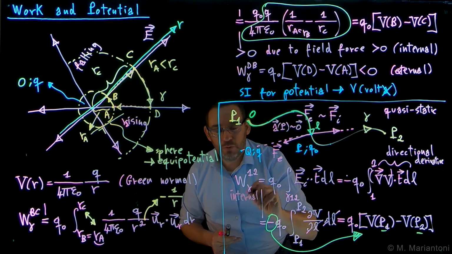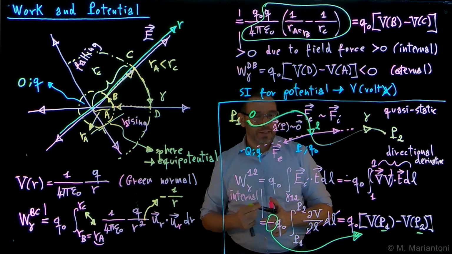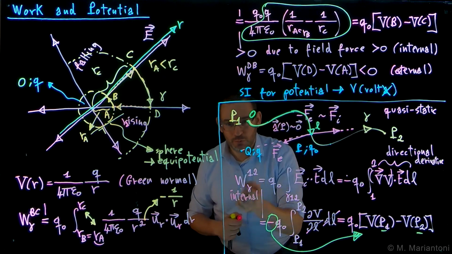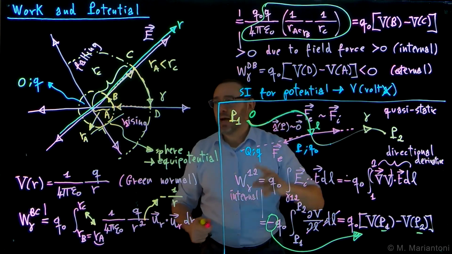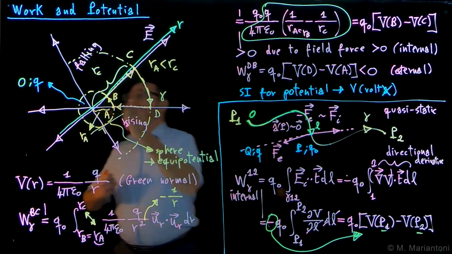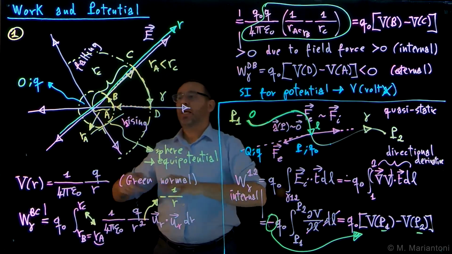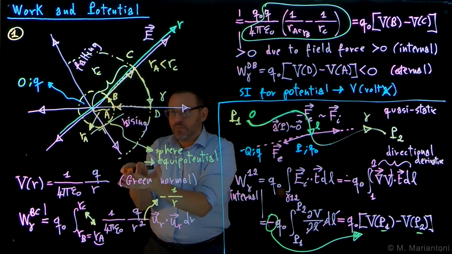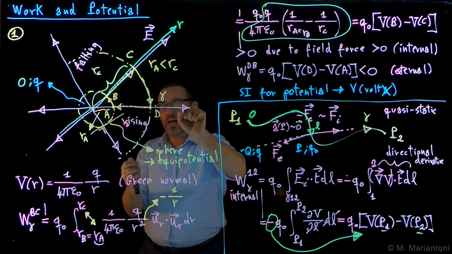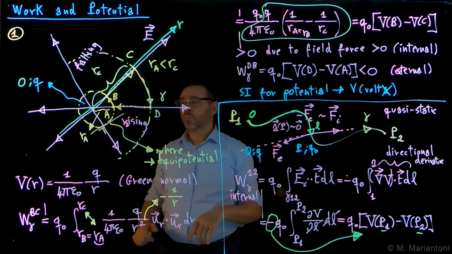As it turns out, when we define electrostatic energy, the electrostatic energy is defined as the opposite of this, which is the work of the external forces. So keep it in mind. All right, so to summarize this video, in this first panel we introduced the concept of equipotential surface, which is normal at any point to the field lines of the electrostatic field, in this case for a single point-like charge in space.